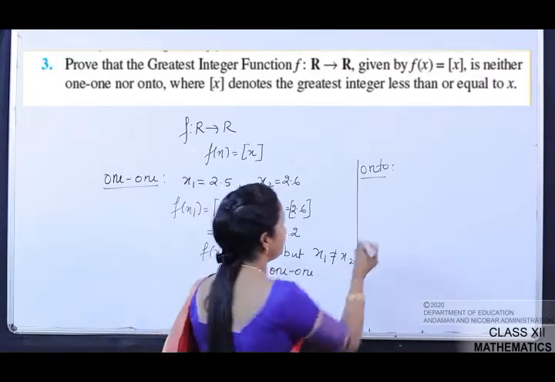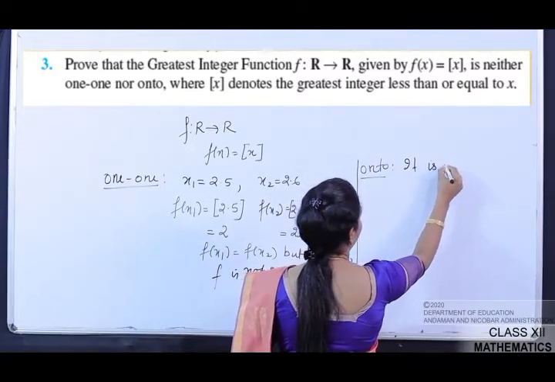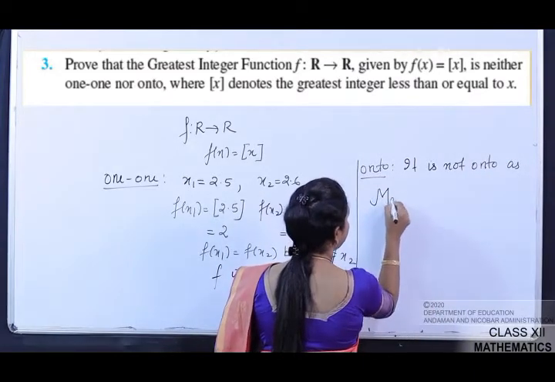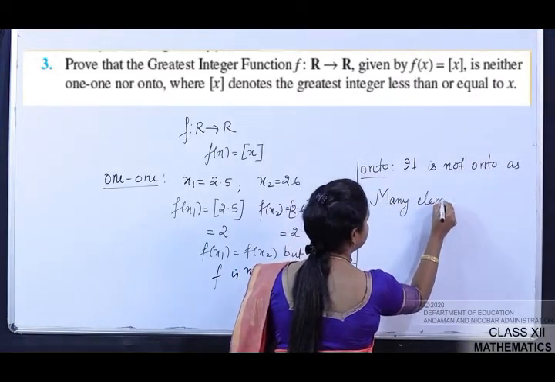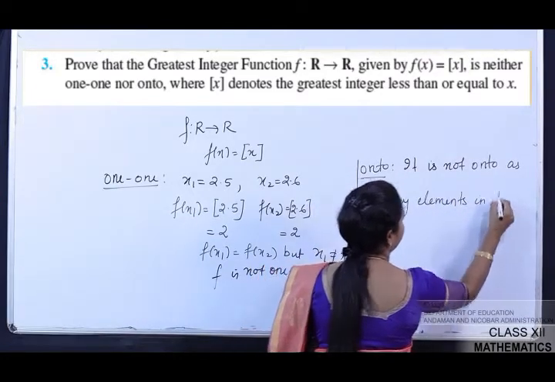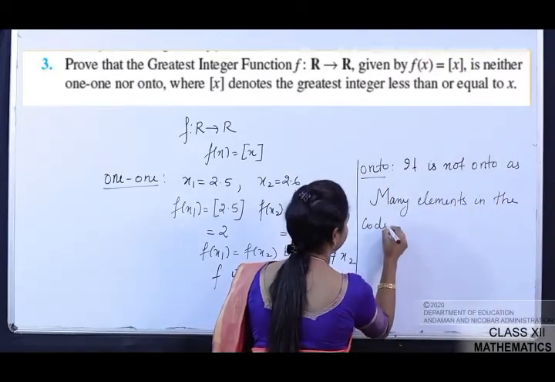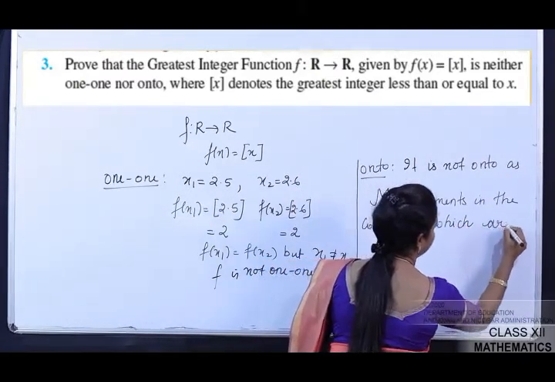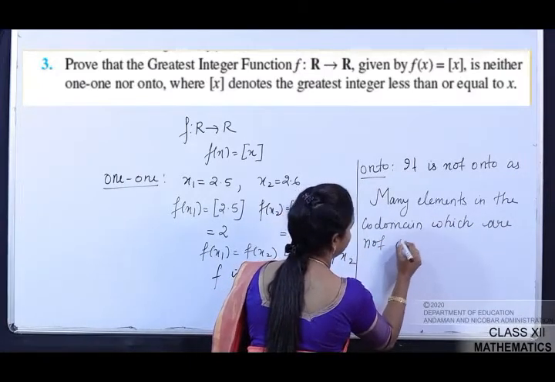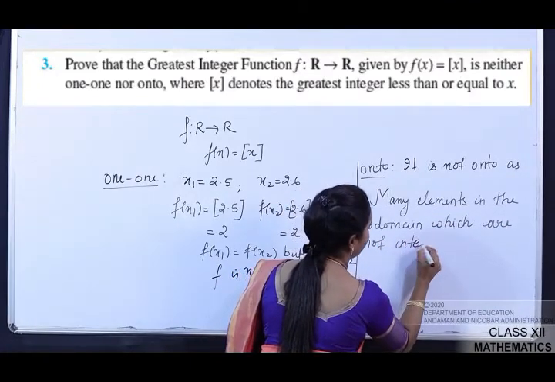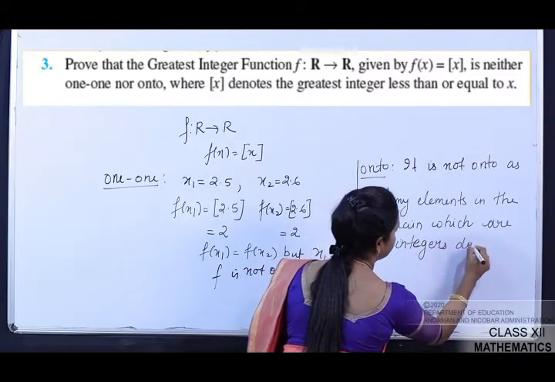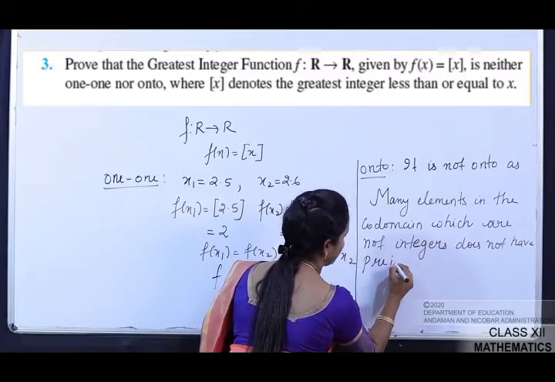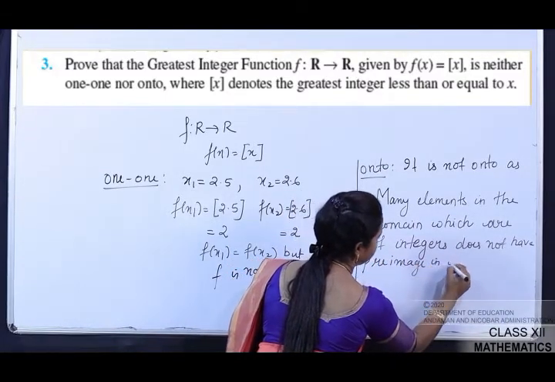तो आप इसको कैसे लिखेंगे? It is not onto as many elements in the codomain which are not integers, जो integers नहीं हैं, do not have a pre-image in its domain.